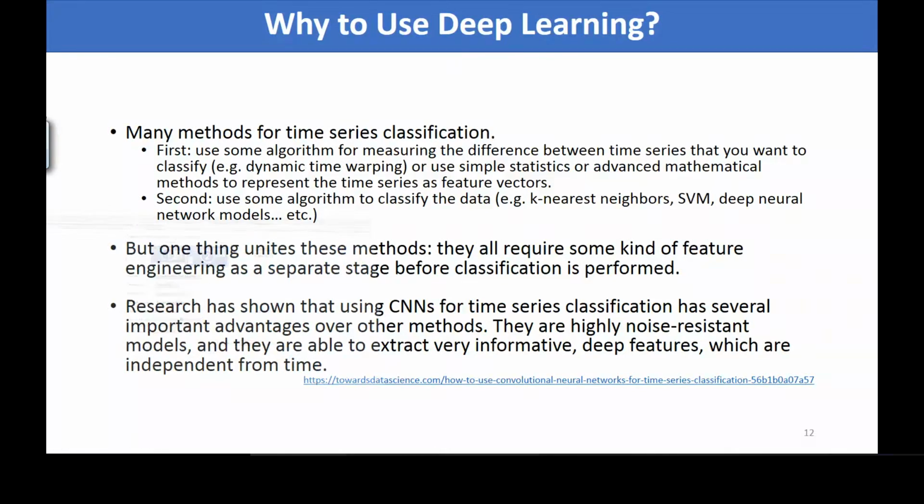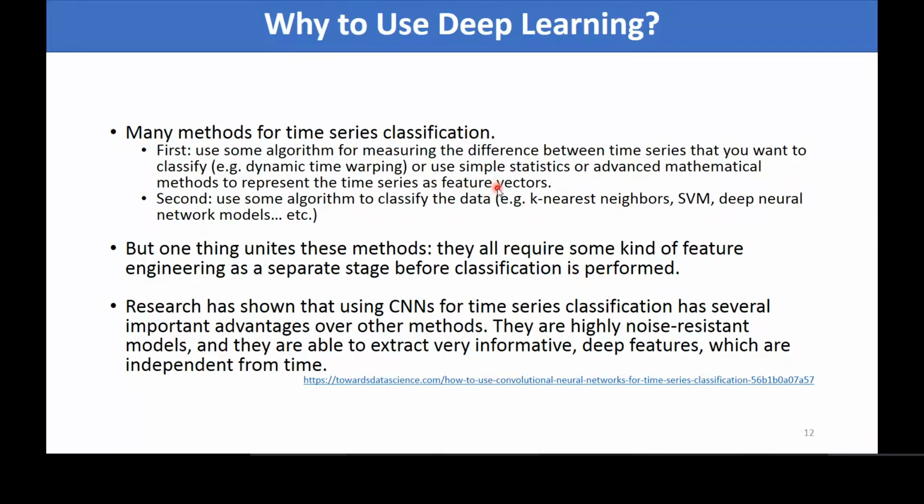So if we talk about that, we have to notice that many methods for time series classification, we just reviewed some of them in the previous slide, first use some algorithm for measuring the difference between the time series that you want to classify, for example DTW. They try to come up with what is called a feature vector, some kind of signals or indicators that you can use later on to specify the class.